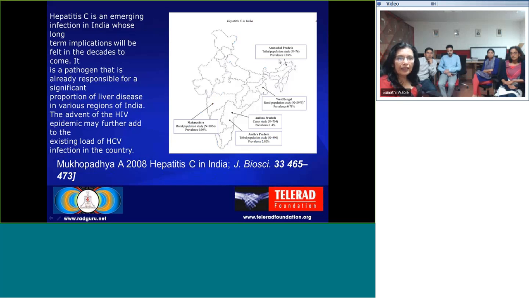And in India, I think these are the problem areas. This is something I pulled out a while ago regarding hepatitis in India. I'm not going to belabor this.